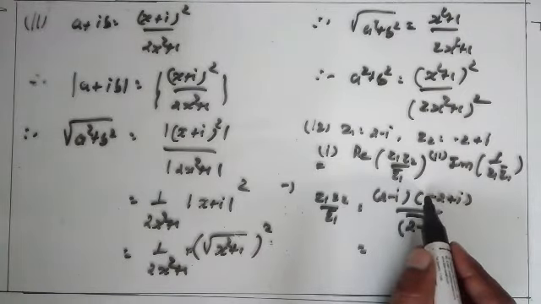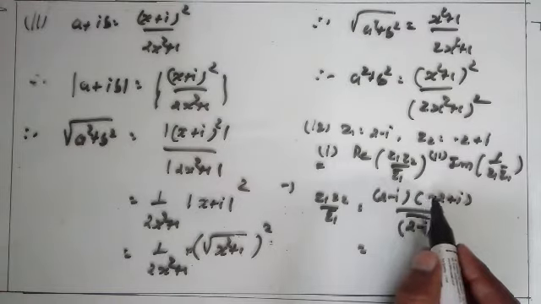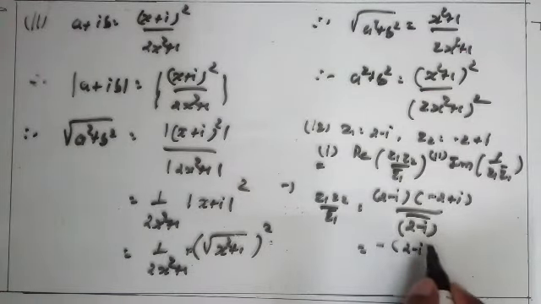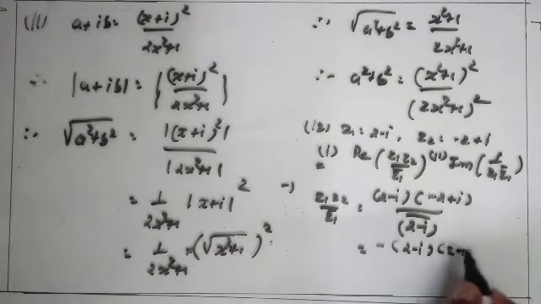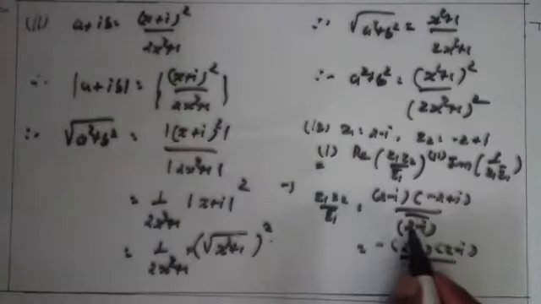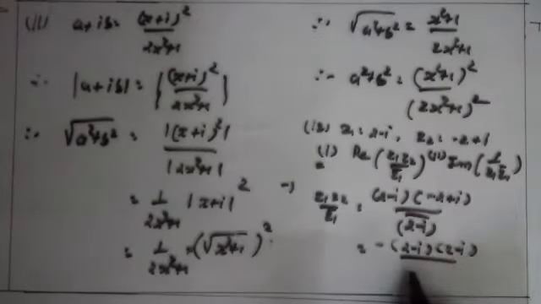If we take a minus common, we get minus 2 minus I into 2 minus I, upon, here 2 minus I, the conjugate of this is equal to 2 plus I.